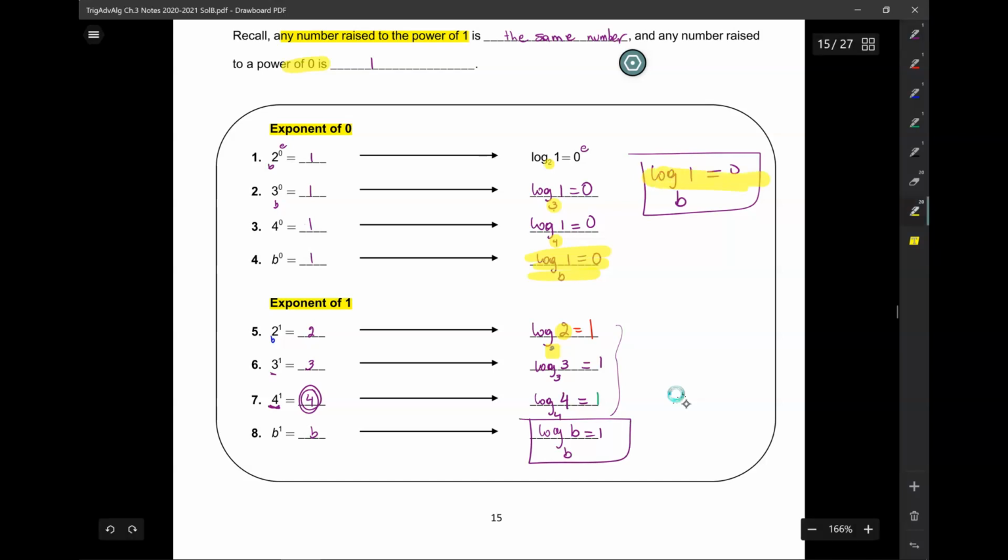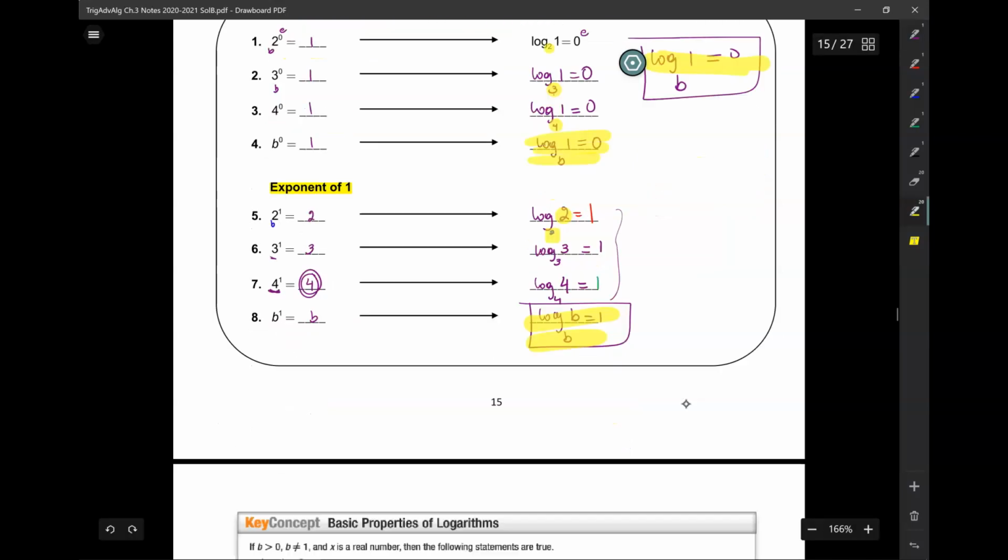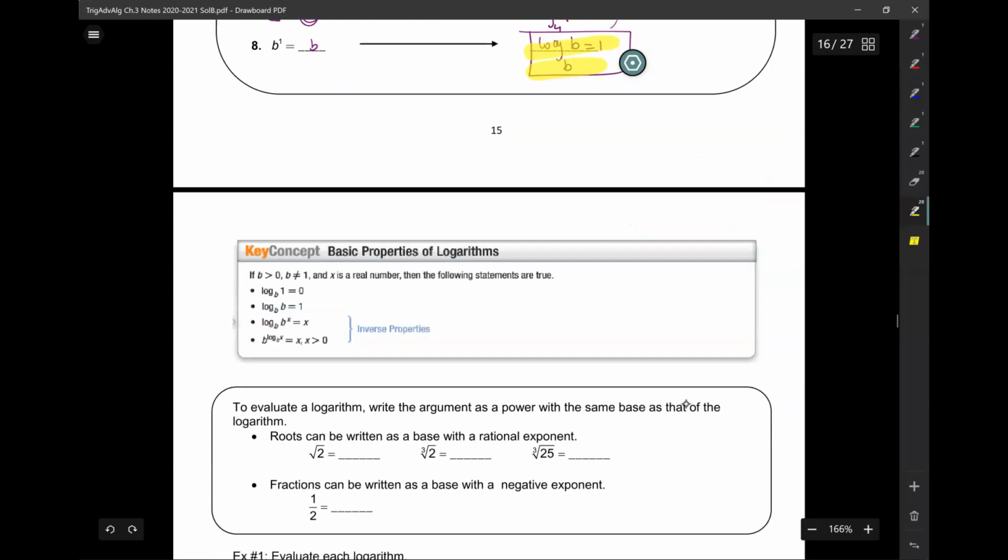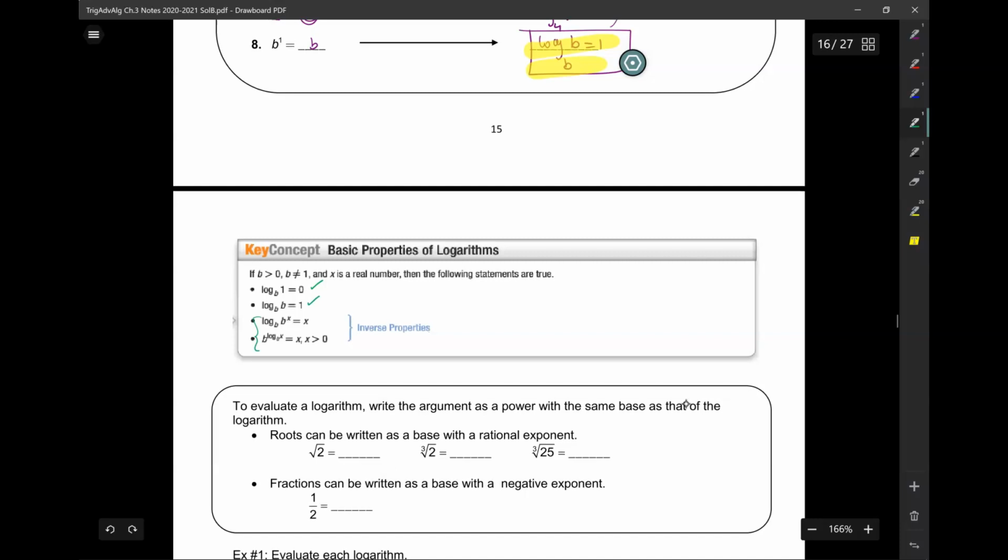These two properties are super, super important. So let's go over here for a minute. I just explained to you this one and this one. And here there are two more which I just want you to take as truth for the time being. One is log base b of b to the x. When you have that pattern, the answer is just x.